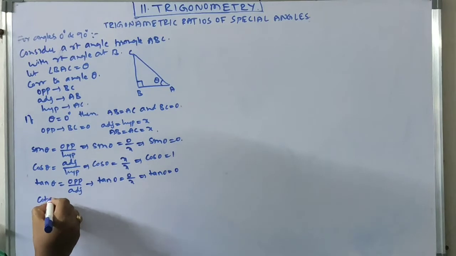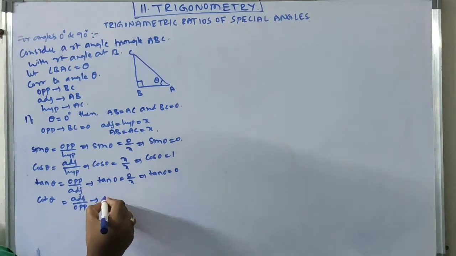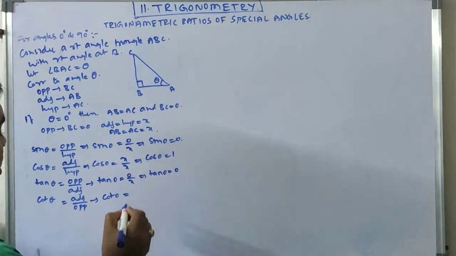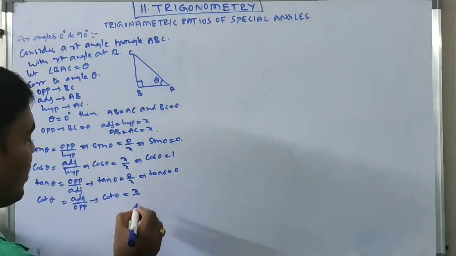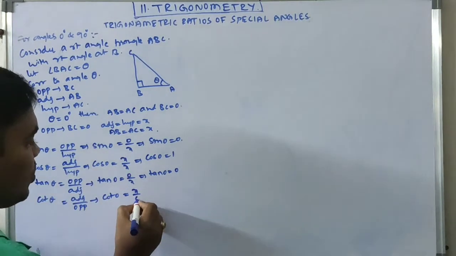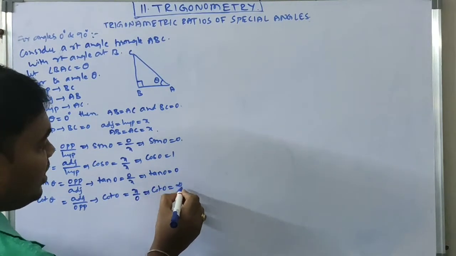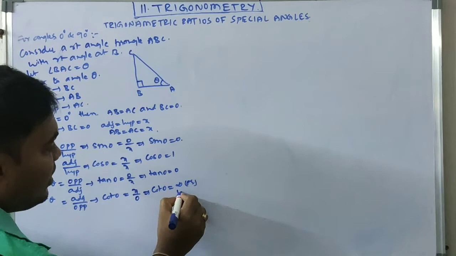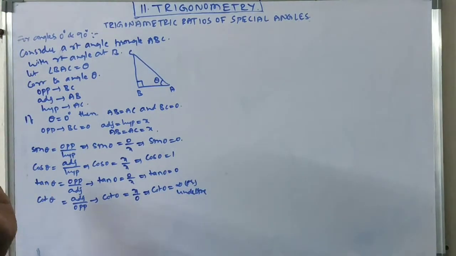Next, cot theta is adjacent by opposite, so cot 0 degrees has adjacent equal to x and opposite equal to 0. So cot 0 is infinity or undefined, because something by 0 does not exist.